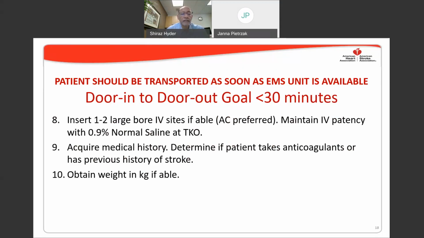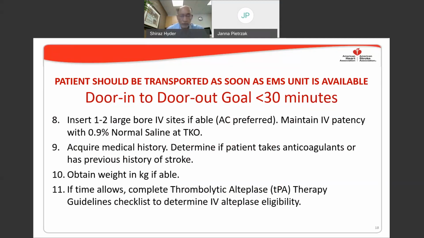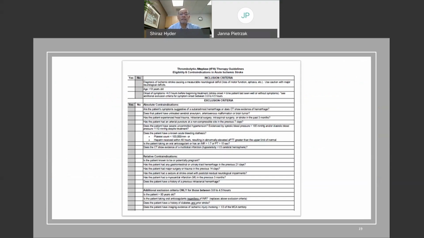That saves a lot of time in facility because, as you know, the thrombolytic dose of tPA is based on the patient's weight. And if time allows, complete the thrombolytic alteplase therapy guidelines checklist to determine if IV alteplase eligibility exists or not.